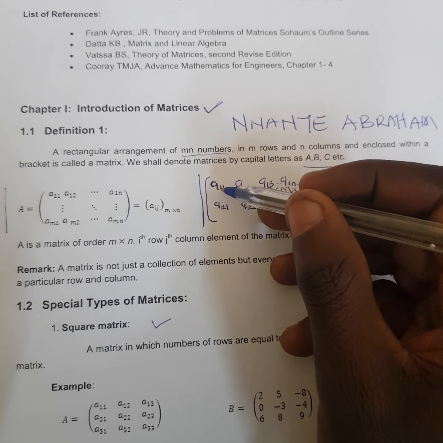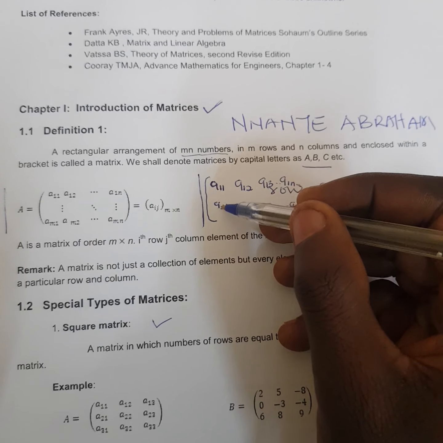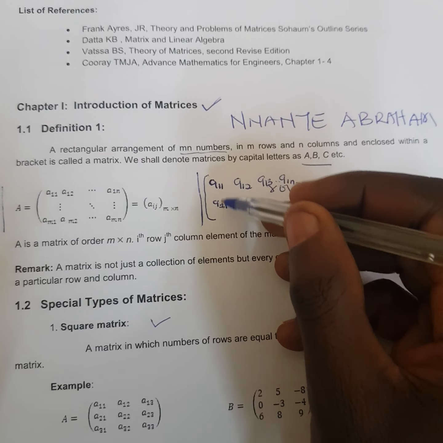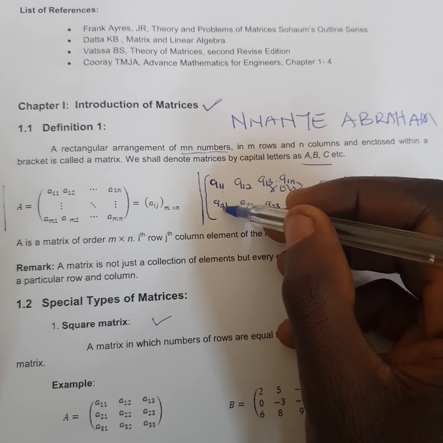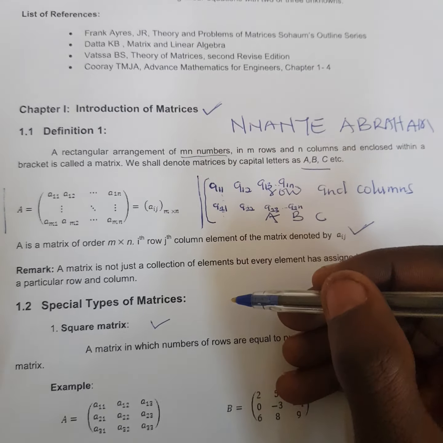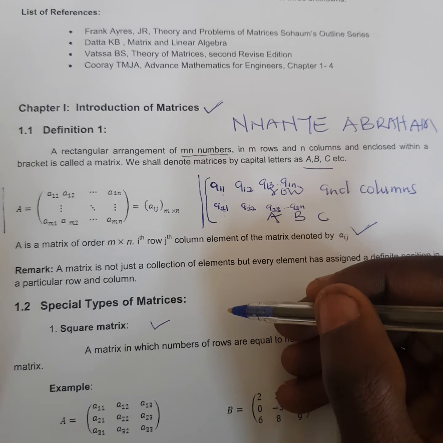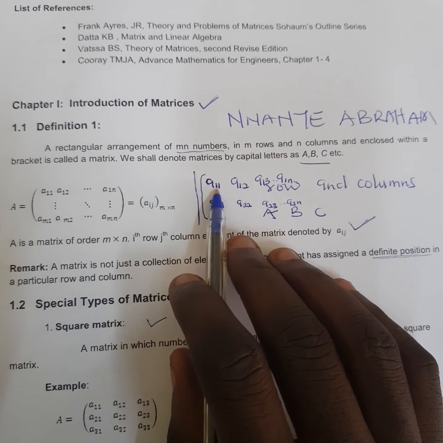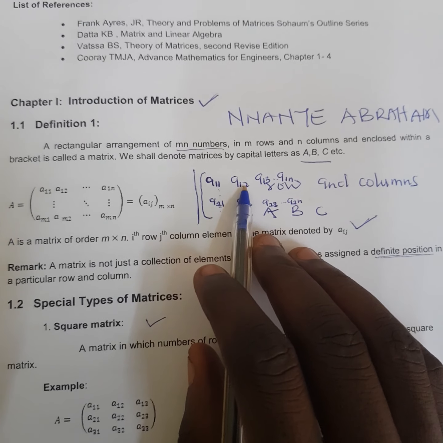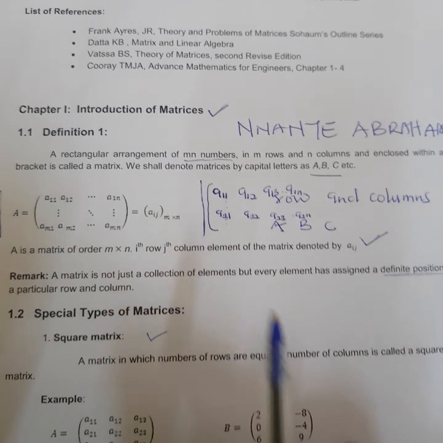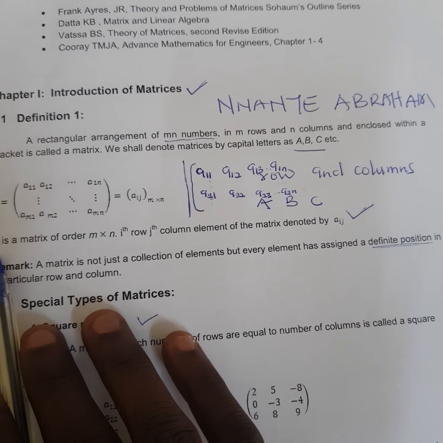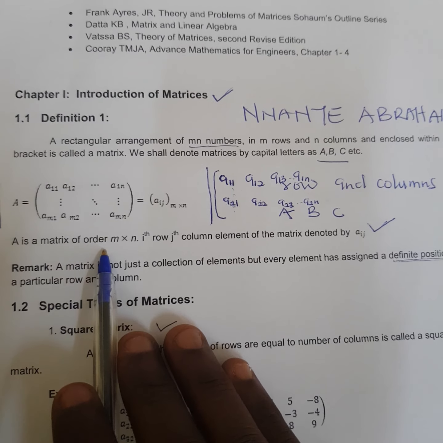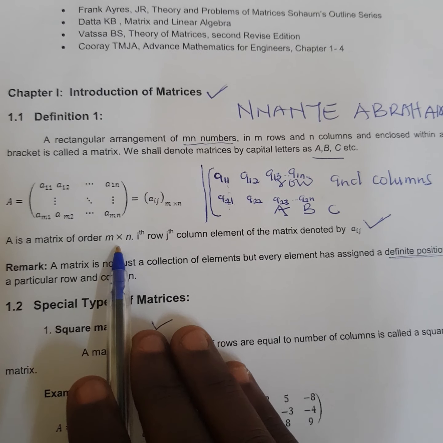You realize that the first number changes when you are moving towards the column side, that is vertically. When you are moving horizontally, the second number changes.